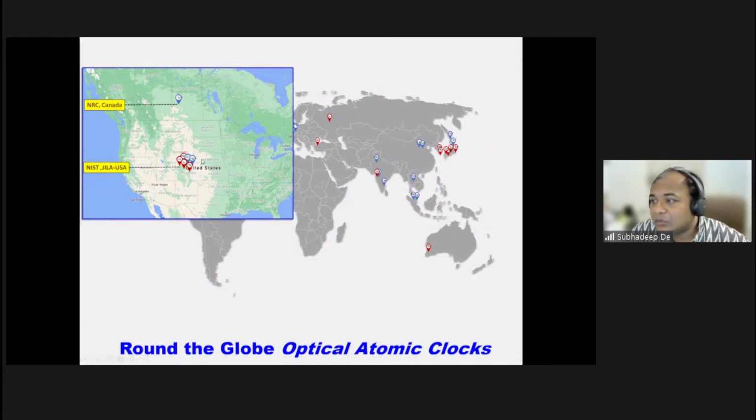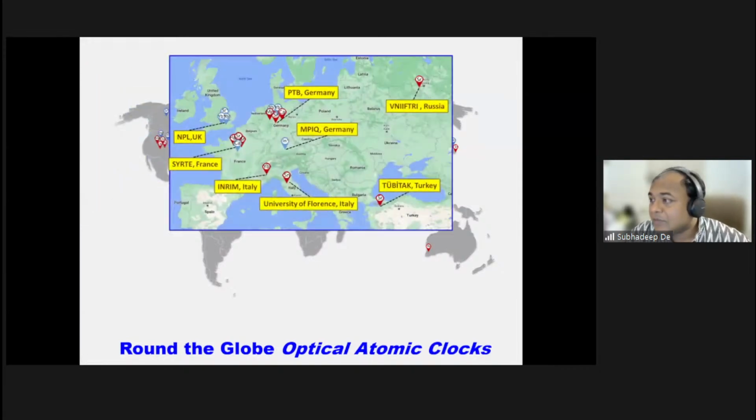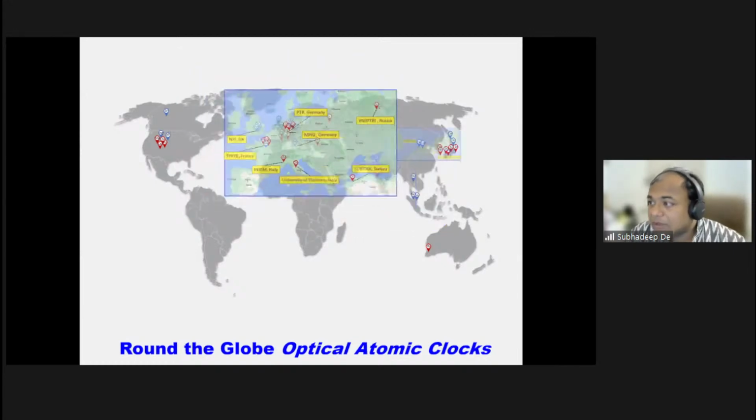So these blue ones are ions and the red ones are neutral atoms. They have tested different species, and they have the best optical clocks in the world. Then in Europe, in the UK, Germany, France, Italy and the Netherlands, they have built several optical clocks based on neutral atoms as well as single trapped ions.